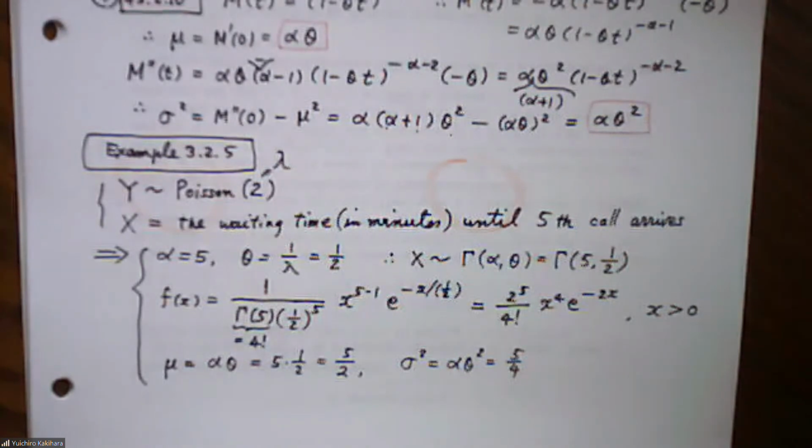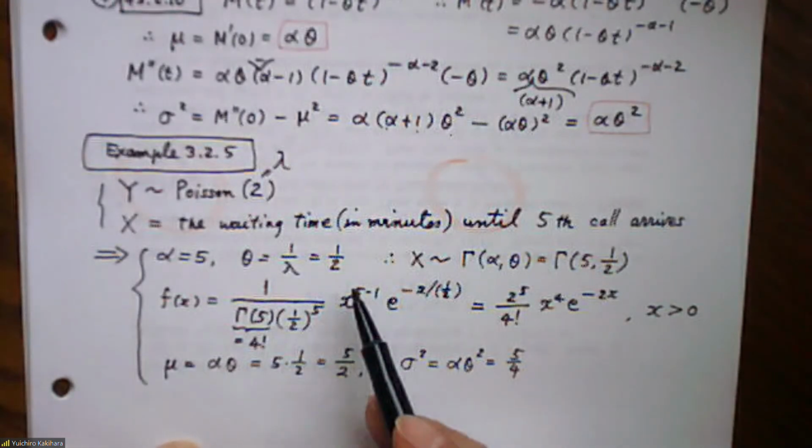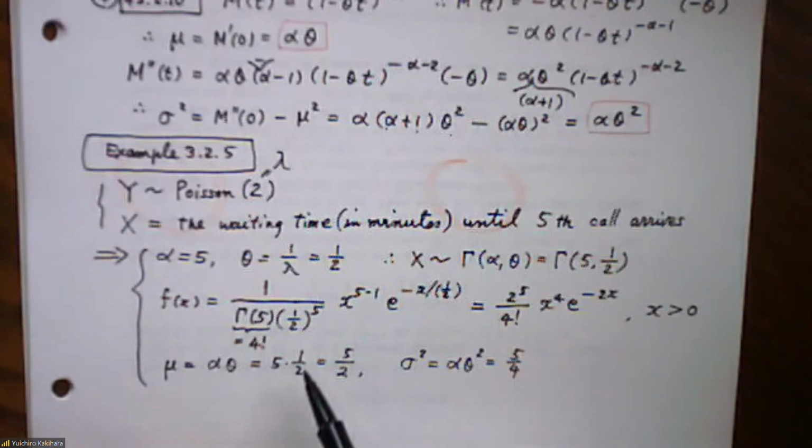Then the next step is we'd like to see the density function's graph. What does the graph look like? That's the question. This is the exponential function times the polynomial, x or something. So the graph should be something like this.